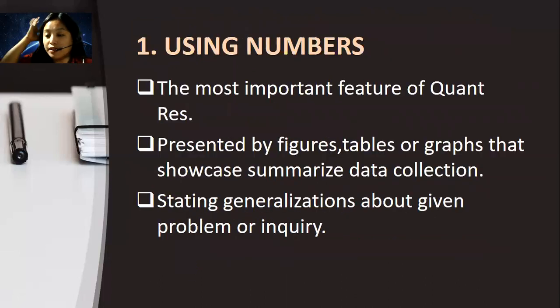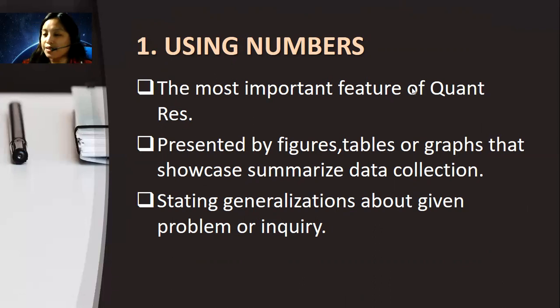The most common knowledge is that using numbers is the most important feature of quantitative research. It is also presented by figures, tables, or graphs that showcase the summary of the data collected and also state generalizations about the given problem or inquiry.